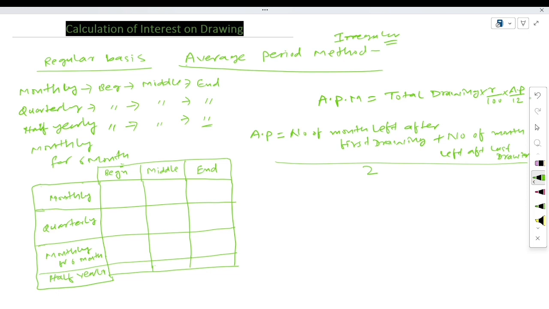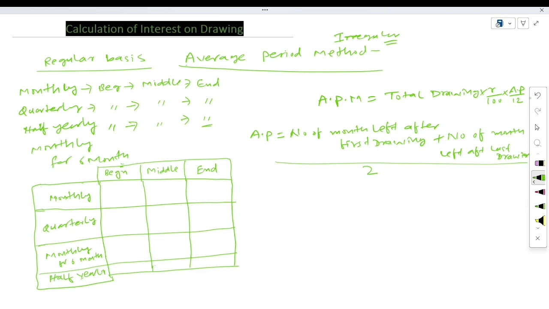Third, monthly for 6 months, and last, half yearly basis. And at the time of monthly, the partner can withdraw the amount at the beginning of the month, then middle of the month, then end of the month. Same way for quarterly, monthly for 6 months and half yearly.